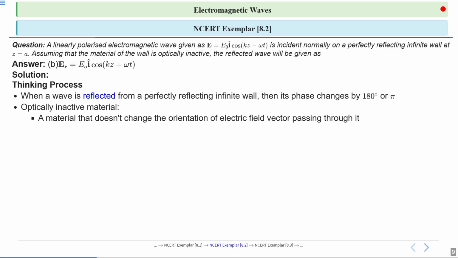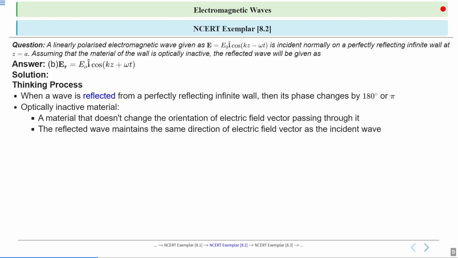If the orientation of the electric field vector is along the y-axis, z-axis or x-axis, the orientation will remain the same. This electric field vector is also known as the light vector.